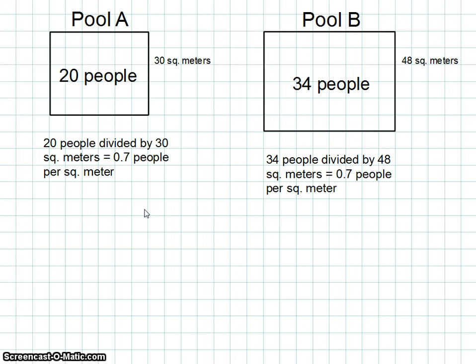Okay, and also we did the same thing for pool B, right? We found out that if we divide 34 people into each of the 48 square meter area equally, then there's going to be 0.7 people per each square meter.